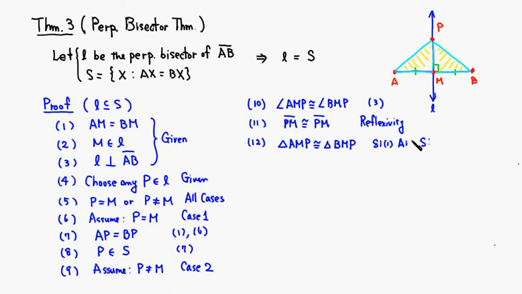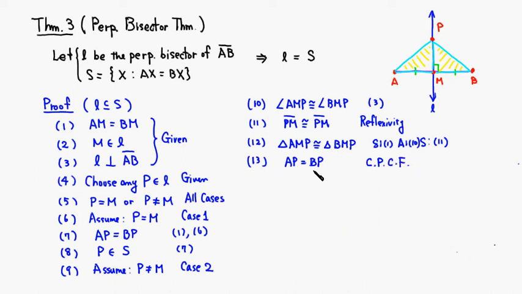Angle: line number 10. And the side: PM equals PM, line number 11. So we have that, and number 13, we have two congruent triangles. We know that AP equals BP, by corresponding parts of congruent figures.